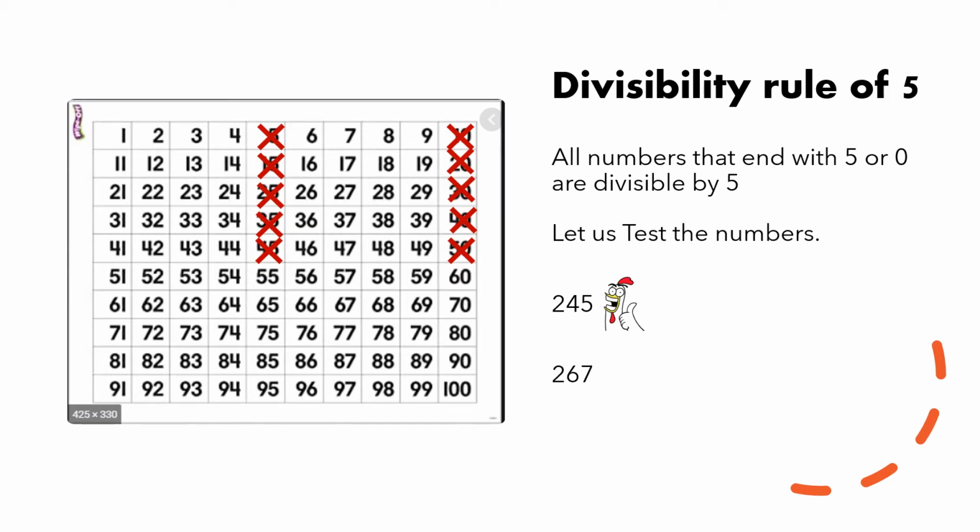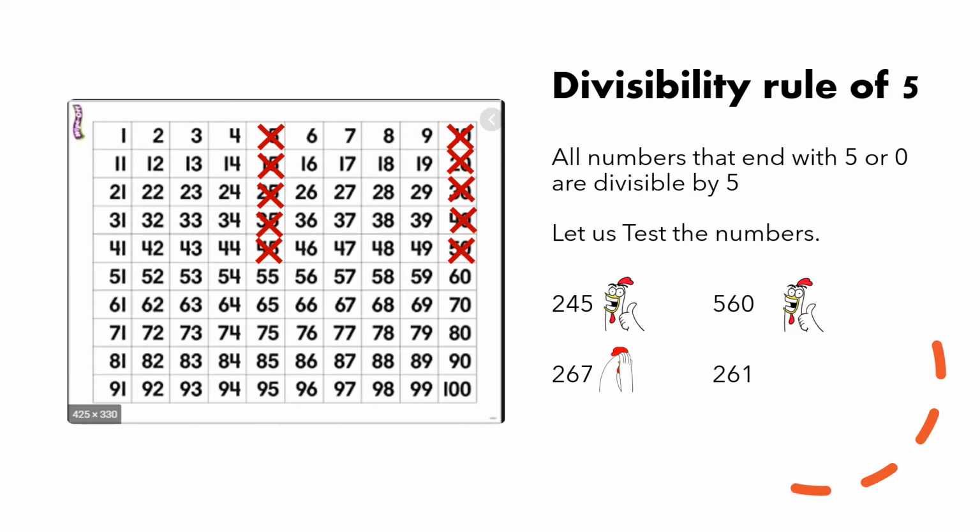Yes, we get a remainder of 2. So 267 is not divisible by 5. Then 560. Can you divide this by 5 without leaving a remainder? Yes, the remainder is 0. So 560 is divisible by 5.